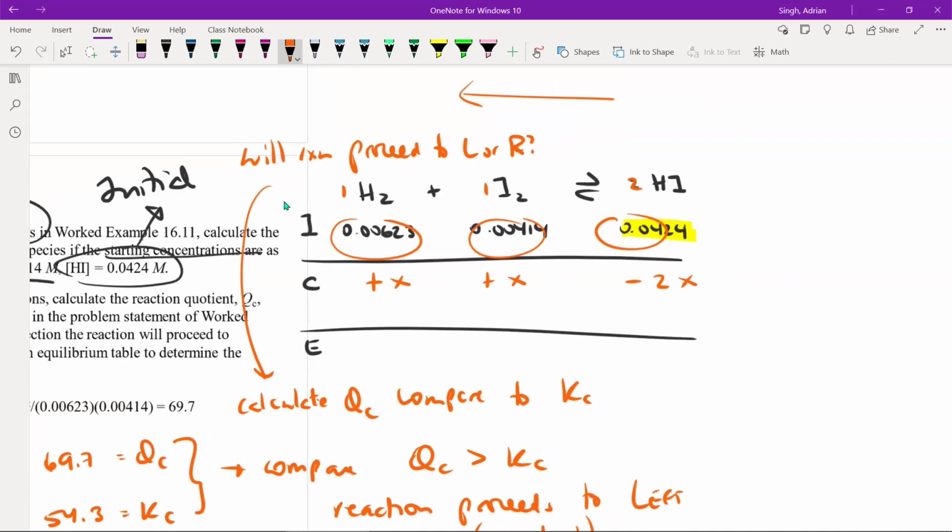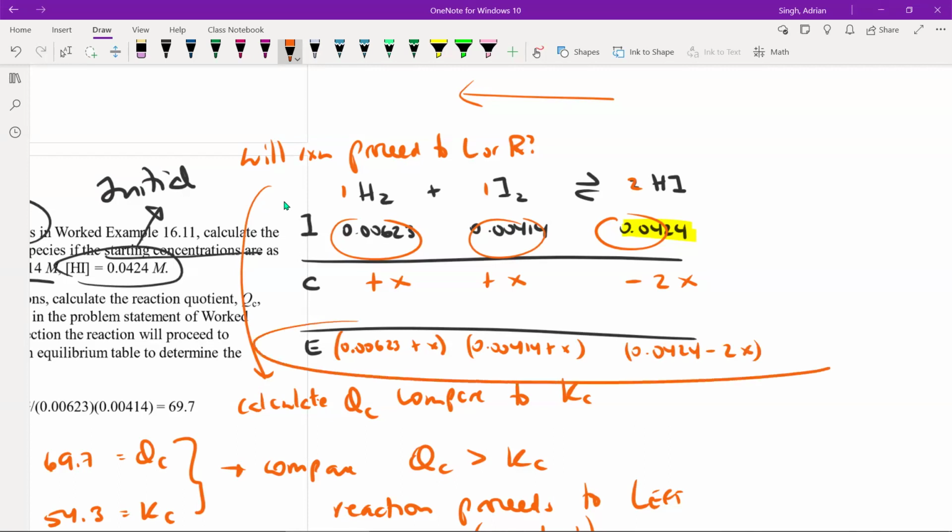So at equilibrium, we're going to have 0.00623 plus x for the concentration of H2, 0.00414 plus x for I2, and 0.0424 minus 2x for the HI. These are our equilibrium values.